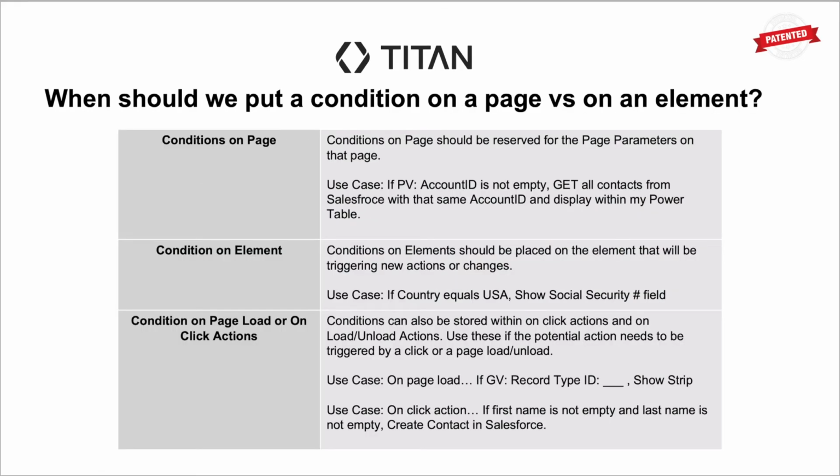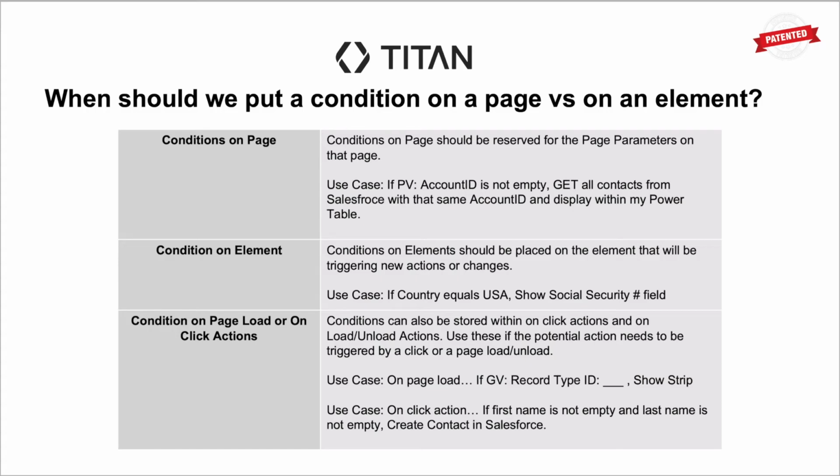So when should we be putting a condition on a page versus on an element? This is a very good question, and I'm going to explain this and then show it to you so you can fully grasp this concept. Conditions on the page should really be reserved for the page parameters that are on that page, or something that would happen with a global parameter on that page as well.